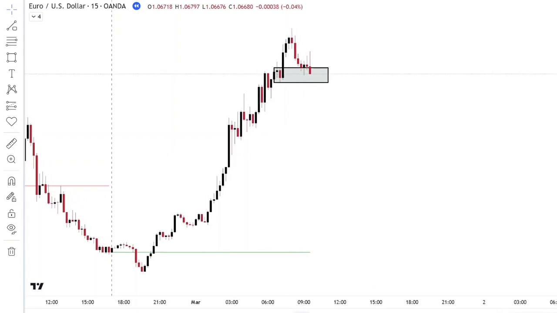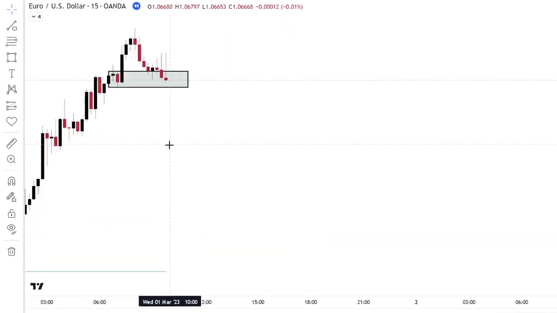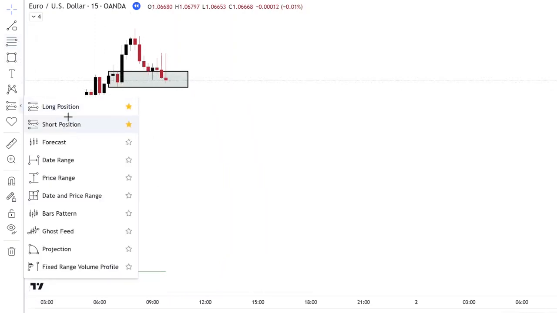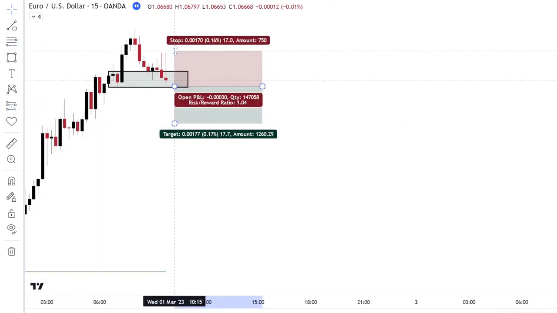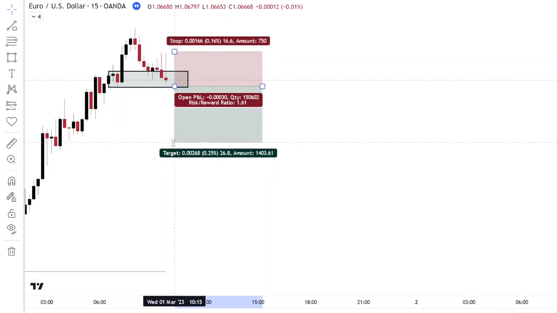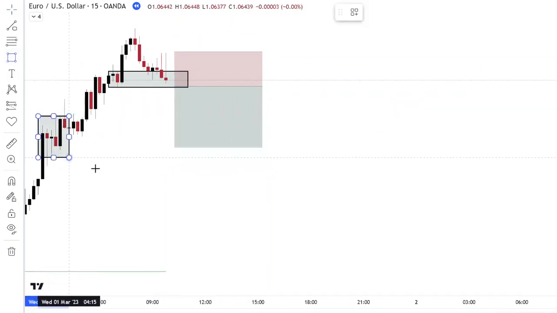9:30, 9:45. As you can see, price is trying to go up, but you can tell that this is a failed institutional candle. So one scenario you could do here is go short. You can go short post the reaction, get a 1-to-1, maybe even target this level right here, which is our previous base.